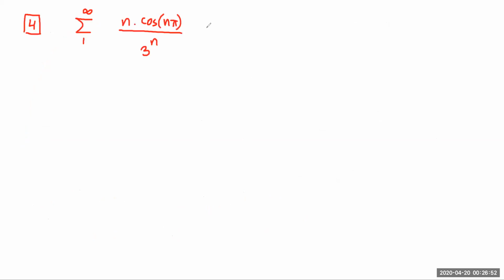In this example, we can write this as the sum of (-1)^n times n over 3^n from 1 to infinity, because cosine n pi is (-1)^n. We explained this before in an earlier exercise. Let's take this in absolute value.